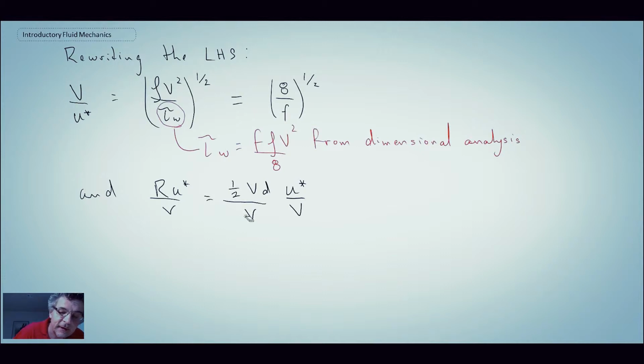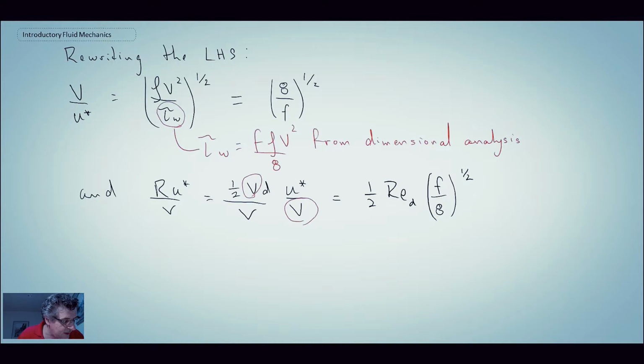I should be a little careful. This here is kinematic viscosity, so don't get that confused with my V's. Hopefully you're not. That's a V, that's a nu. I've introduced it into the numerator and denominator so that we can simplify this a little. And we notice that the first term is 1/2 of the Reynolds number based on diameter. And then we have the friction factor, which is what we're after.